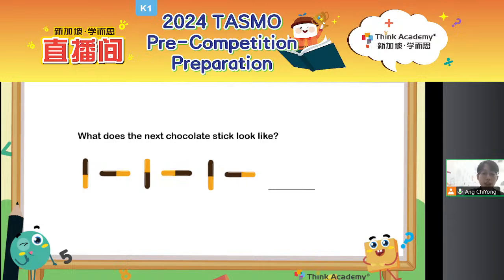What does the next chocolate stick look like? Remember, you should observe the special parts of the chocolate sticks. Take note of its direction and which side it is spinning. Okay, I'll review the answer at 5:43.